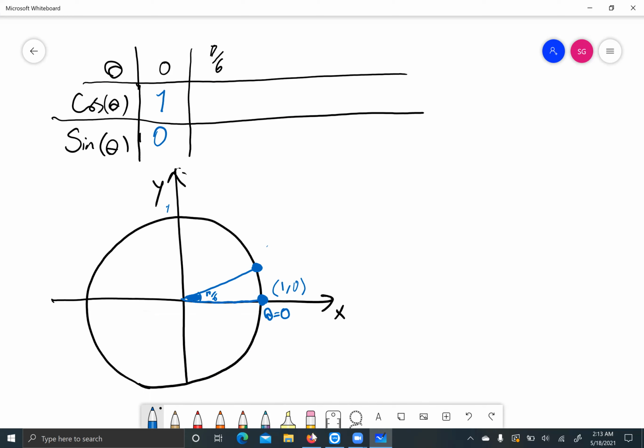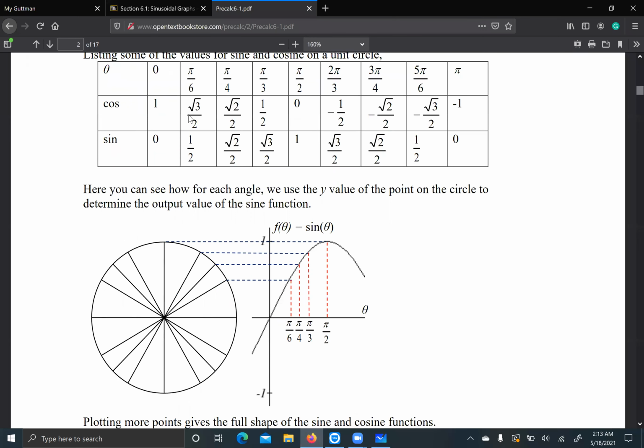For pi over 6, we proved that the y value is half, and the x value is square root of 3 over 2. If you don't remember this, you can go back to the previous chapter and refresh your mind. Cosine is the x value and sine is the y value, the height, right? So that's why here you have square root of 3 over 2 and then half here.